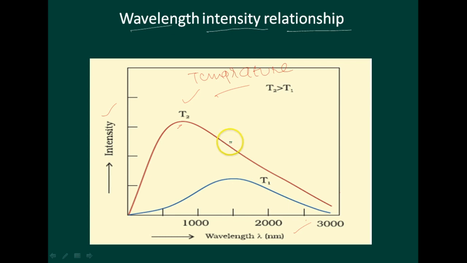So it reaches the peak value like this and then decreases again. This is the wavelength intensity relationship.